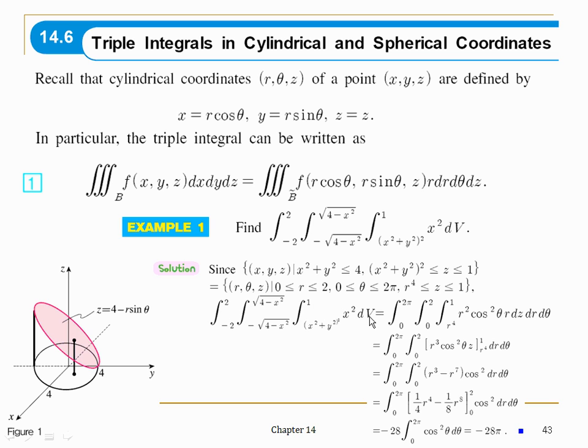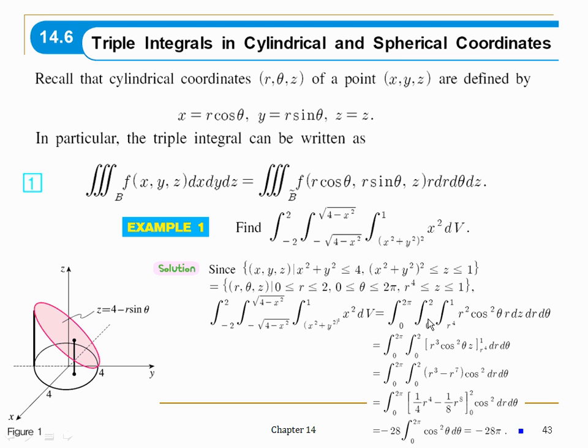Here r dr d theta dz comes in, and x squared is r squared times cosine squared theta. So cosine squared theta r cubed dr dz d theta. Here z has a variable interval, so we do the integration for z first, and then r and theta have constant intervals, so the order doesn't matter.